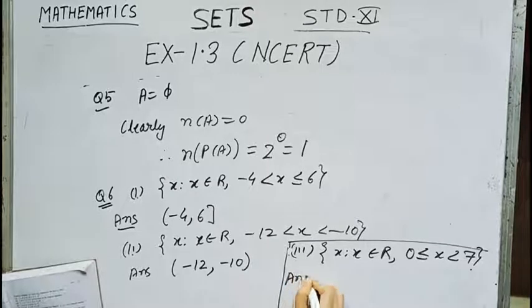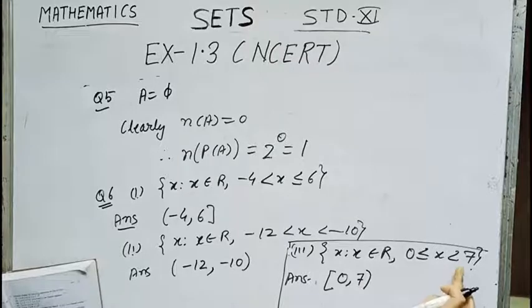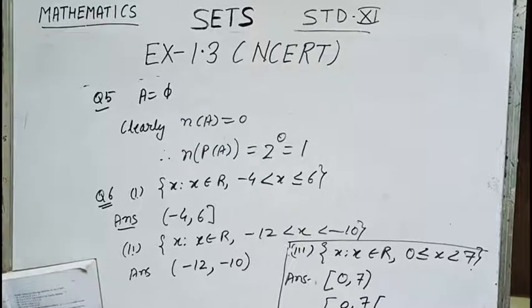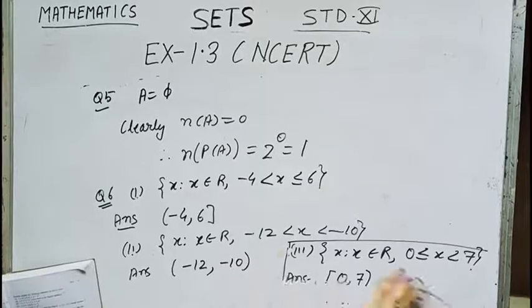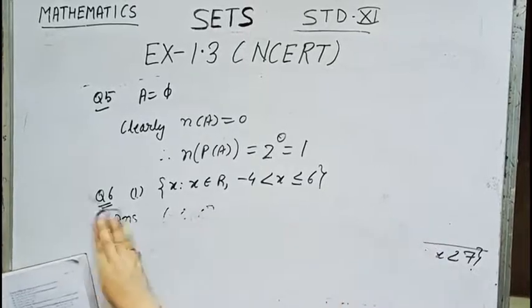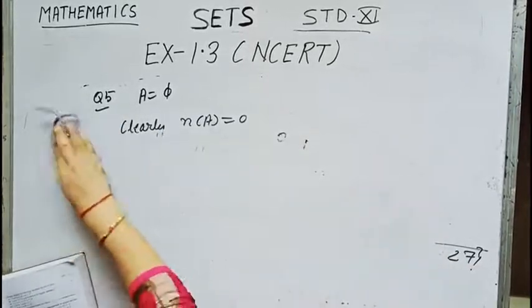So obviously over here the answer will be 0 less than or equal to x, so closed interval 0 and open interval 7, strictly less than 7. You can write this as [0, 7) also. Now let us go to subpart number 4 of question number 6.